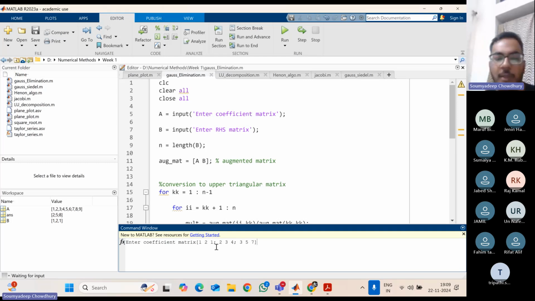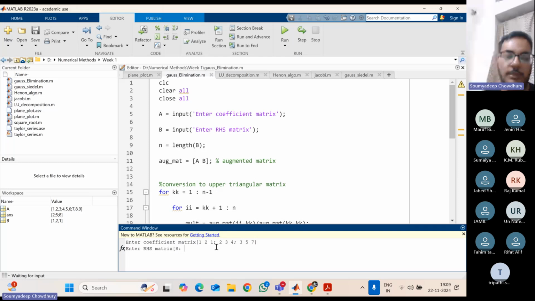Then the RHS matrix. While entering the RHS matrix, don't enter just 8, 20, 34, then it will give you a wrong answer. You have to transpose it. It is a column matrix, right? 8, 20, 34.